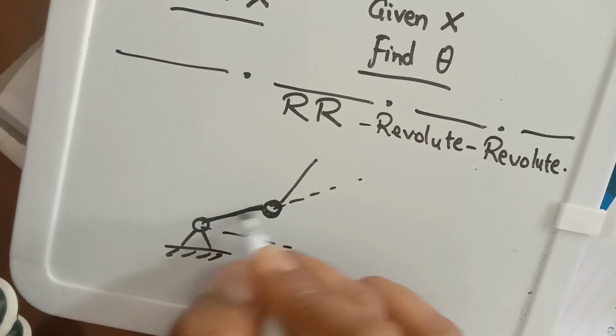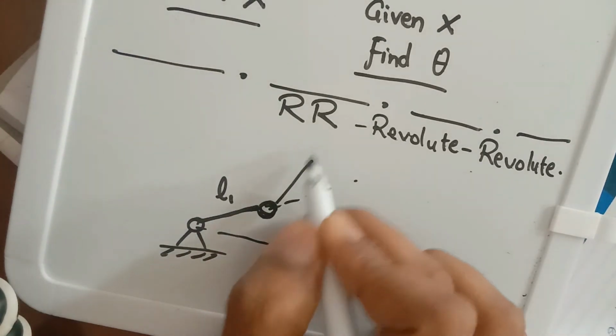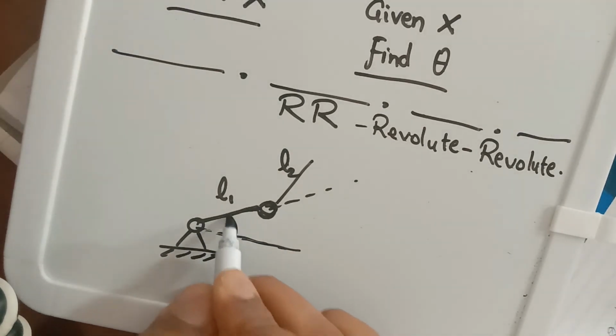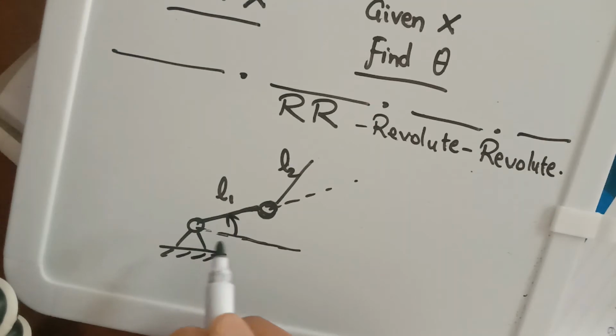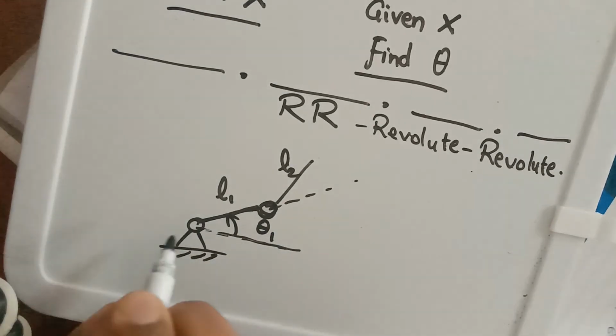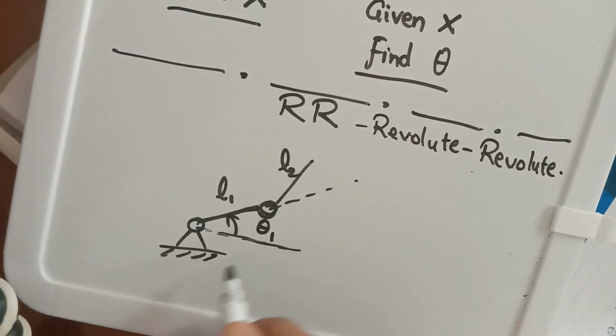So this is the first link. Let us say it has length L1. There's a second link. It has length L2. Let us say the first link makes an angle theta 1 with the horizontal.